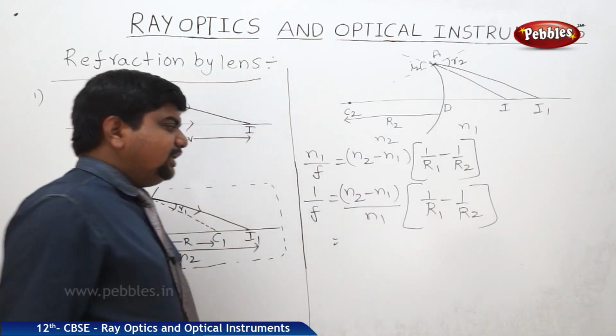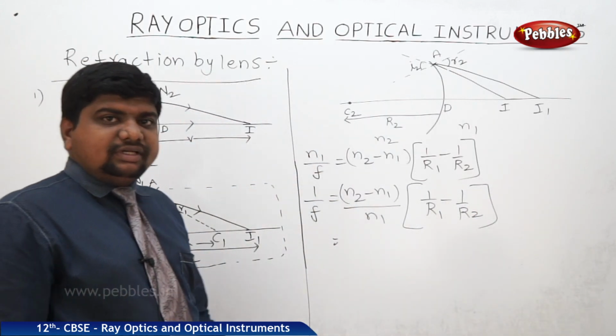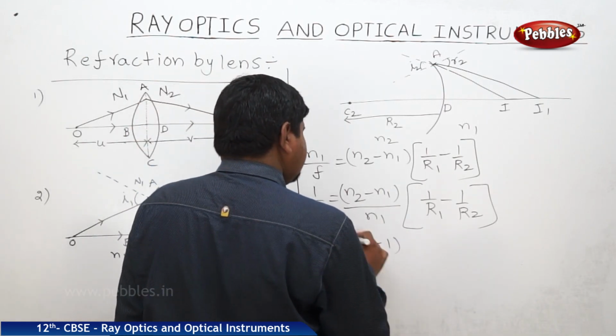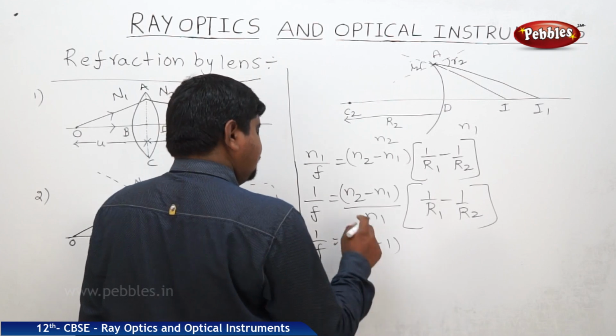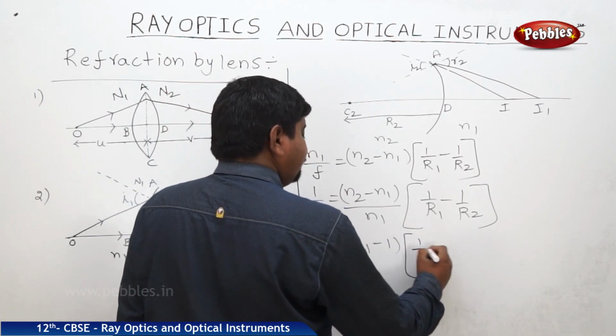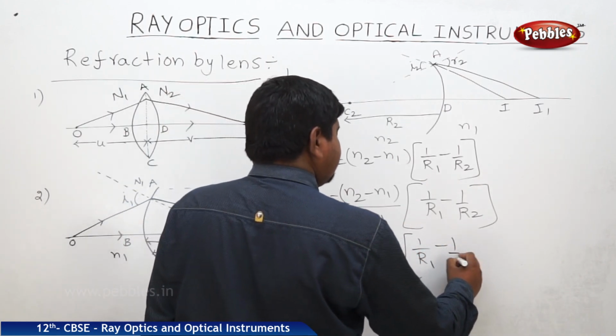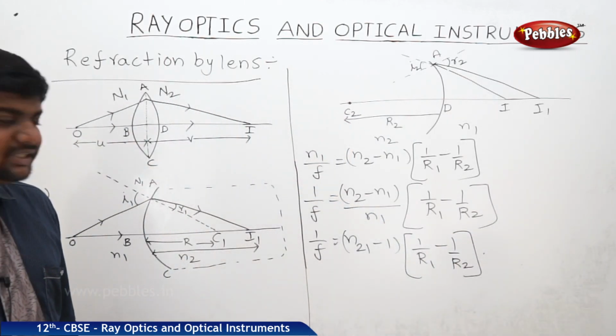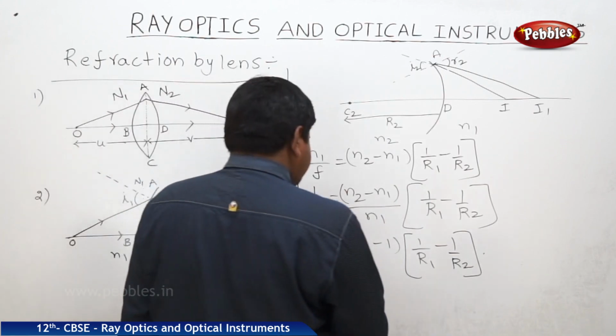This will become n2 by n1 minus 1. n2 by n1 is nothing but n21. So 1 by f is equal to n21 minus 1 into 1 by R1 minus 1 by R2. This is one of the expressions, and this expression is called the Lensmaker's formula.